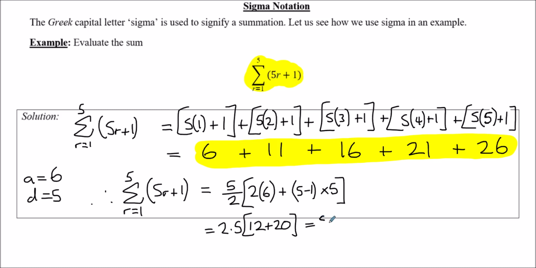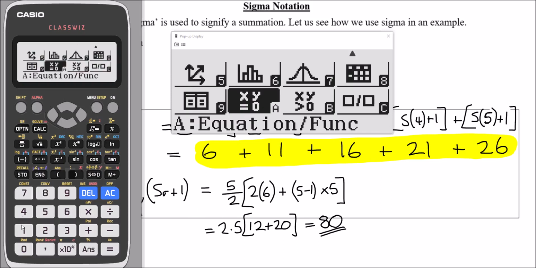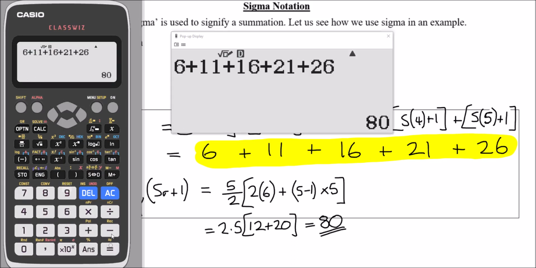That would give us 80 if you wanted to try it. Or you could do this sum the long way. So if we just add up all these together, 6 plus 11 plus 16 plus 21 plus 26, that does indeed give us 80.